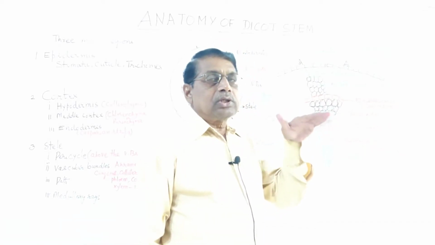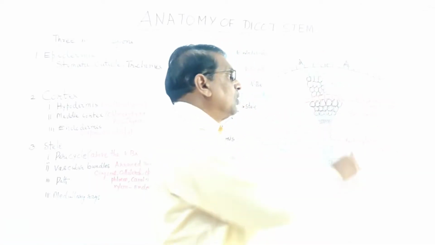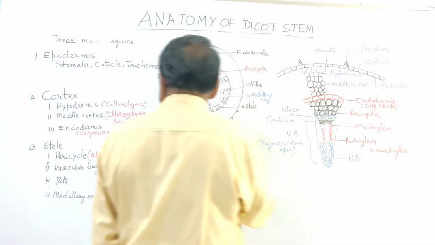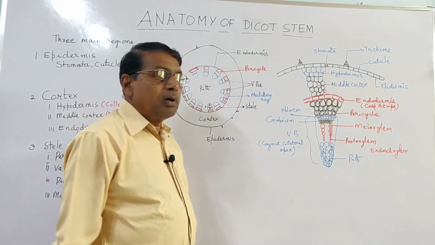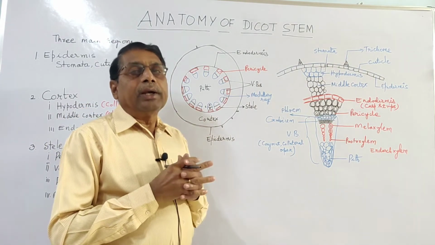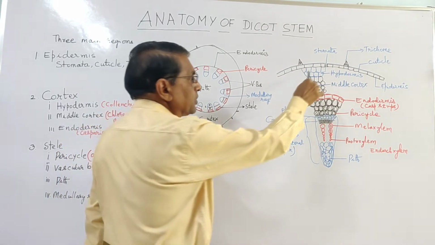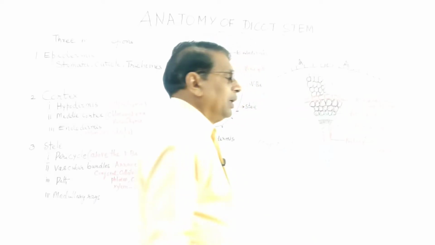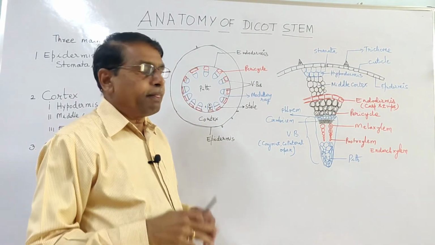Hypo means below. The skin-like structure below the epidermis, therefore it is called hypodermis. The hypodermis is usually collenchymatous, made up of collenchyma tissue consisting of cellulose and pectin-made cell walls. Here, these intercellular spaces are filled with pectin. The cell wall consists of cellulose substances, so it is collenchymatous, 3 or 4 layers in thickness.